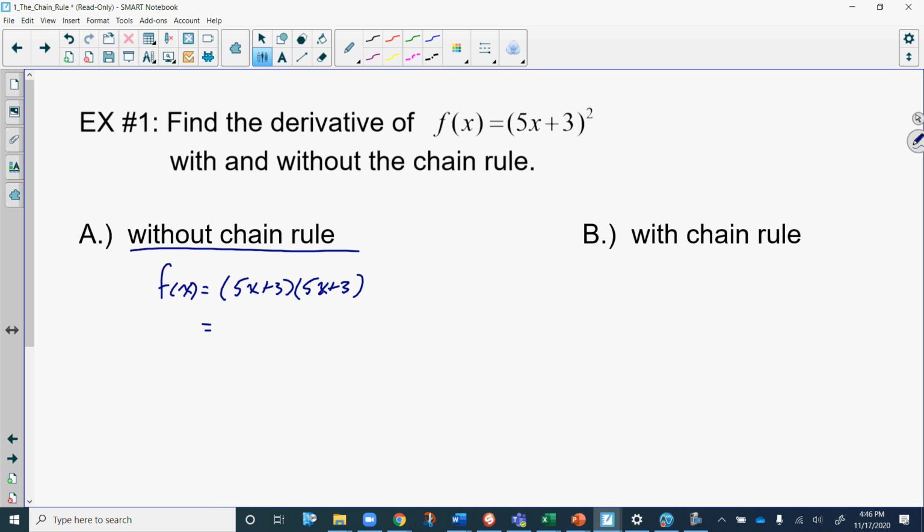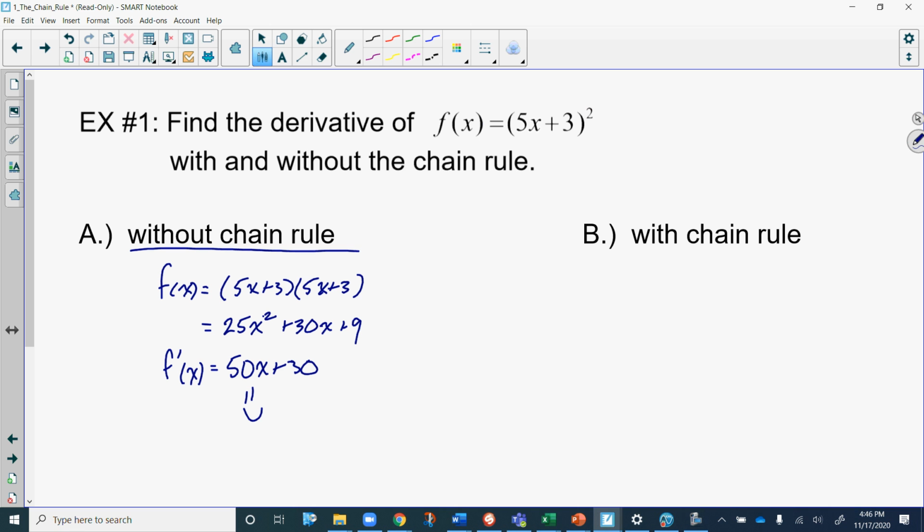And in this case, when I do, I would have 25x squared plus 30x plus 9. And now I can do the power rule for each individual term to identify the derivative, which in this case would be 50x plus 30.